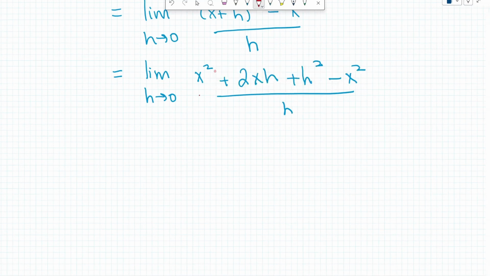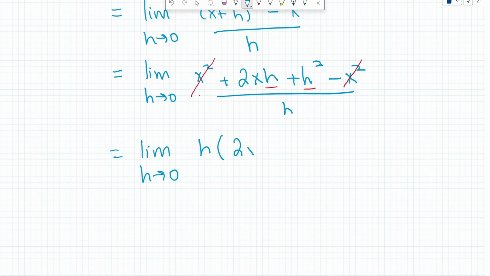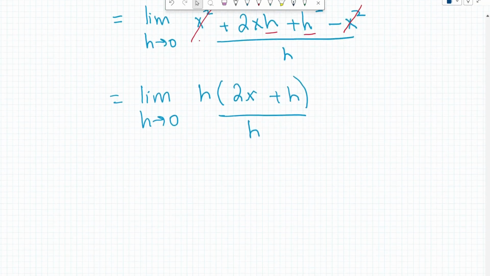Here already, see that these two cancel out, and then we can also factor out an h from the numerator. So now we've got the limit as h approaches 0 of h on the outside, then we have (2x plus h) all over h. Okay? And now we can see that these h's cancel out.